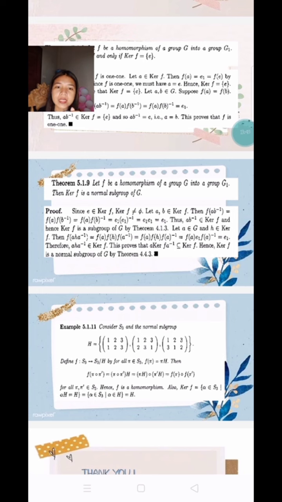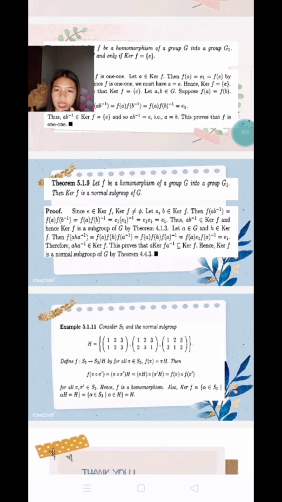Let a be an element of G and h be an element of kernel of f. Then f of a h a to negative 1 is equal to f of a times f of h times f of a to negative 1, which is equal to f of a times e sub 1 times f of a to negative 1, which is equal to e sub 1.